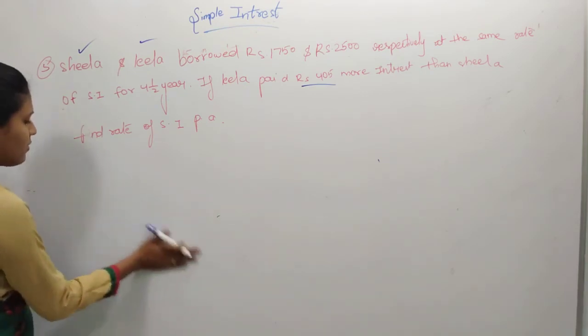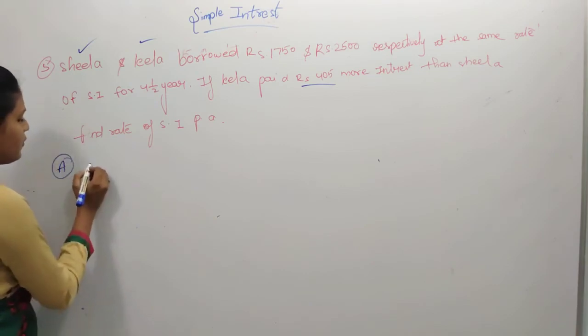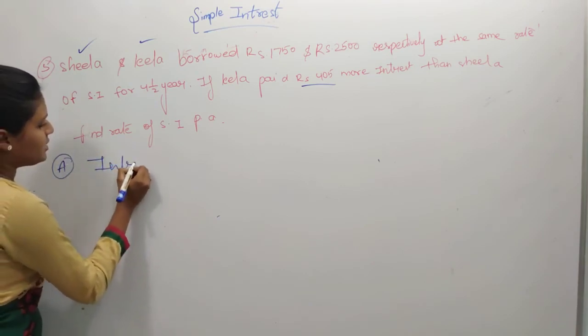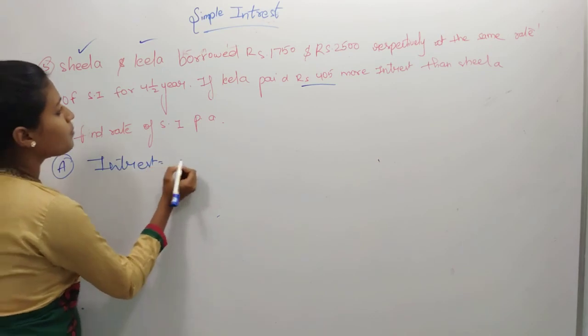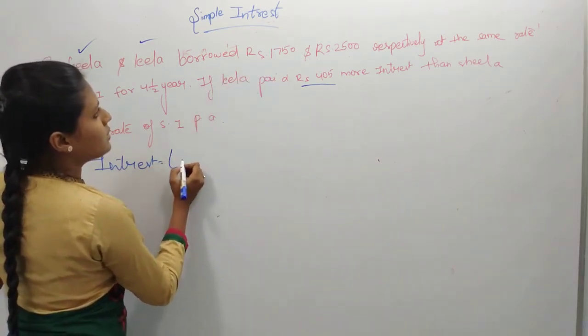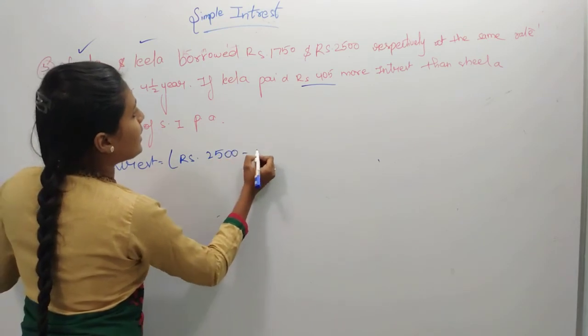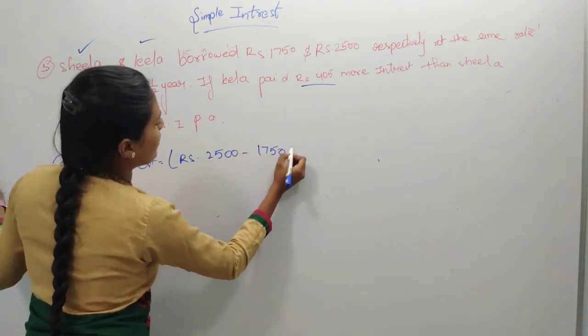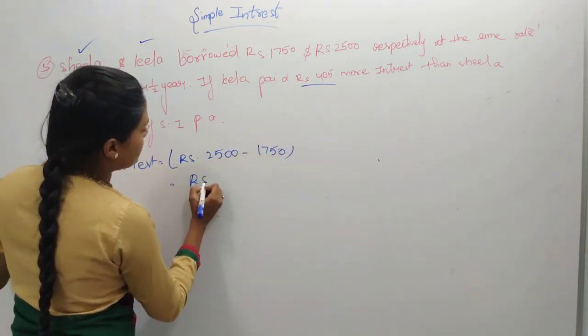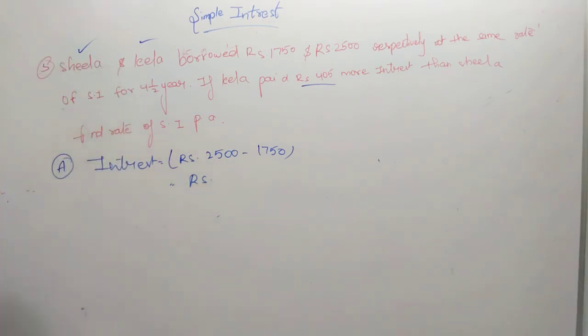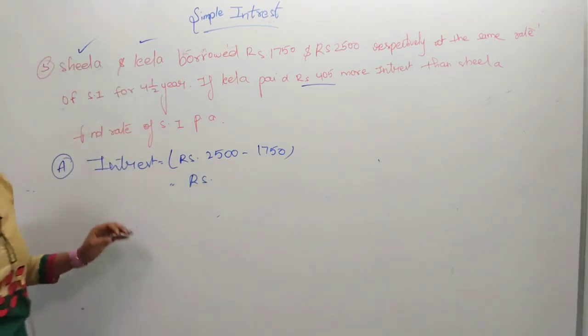Now solve the problem. First we have to find the interest. How much is the interest difference? Rupees 2,500 minus 1,750. How much will we get? Rupees 750.